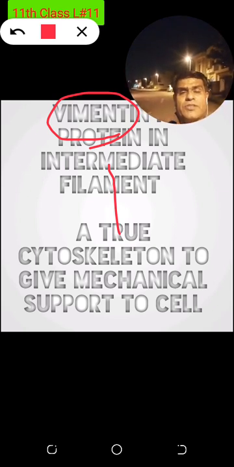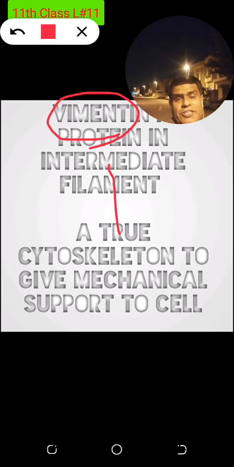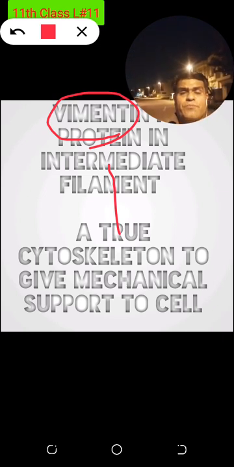So the third type of the cytoskeleton is vimentin, V-I-M-E-N-T-I-N, spelling is written. It is the intermediate filament. The size is intermediate, meaning it is middle size between the microfilament and the microtubule.